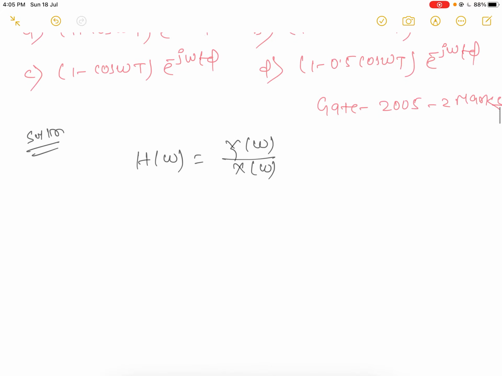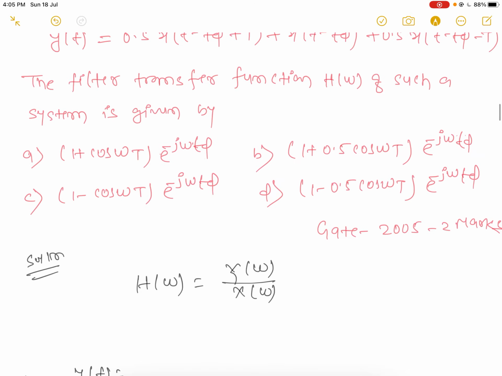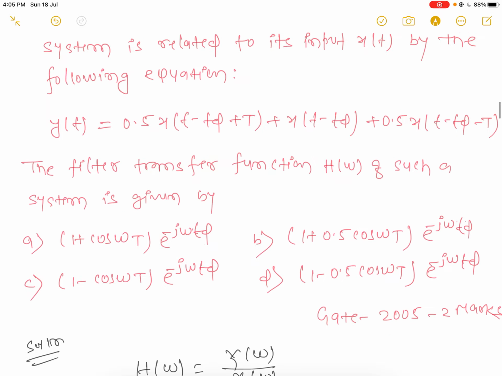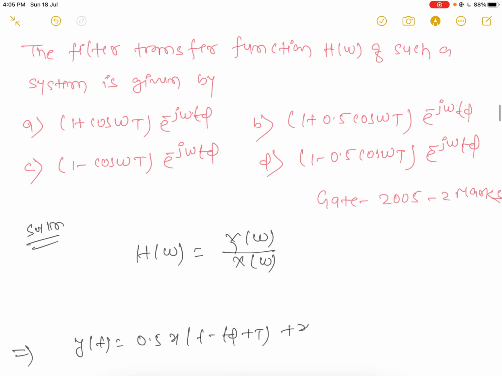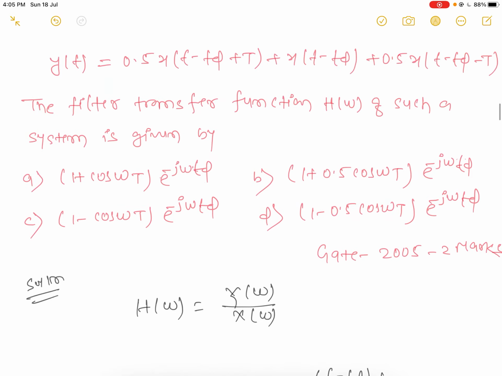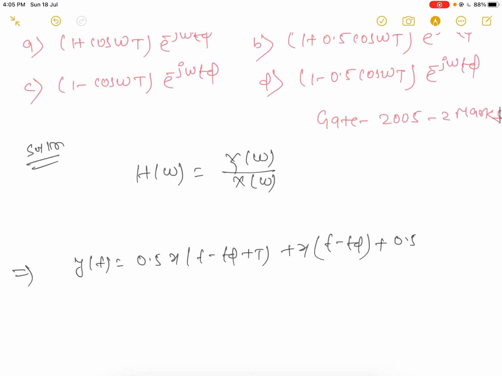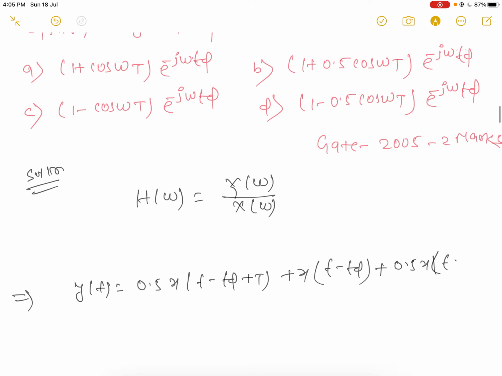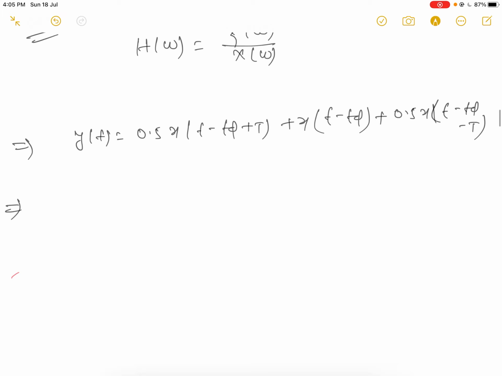So first of all, take the Fourier transform. What is the relation given? y(t) is equal to 0.5 x(t minus td plus capital T) plus x(t minus td) plus 0.5 x(t minus td minus T). Take the Fourier transform. What will happen?